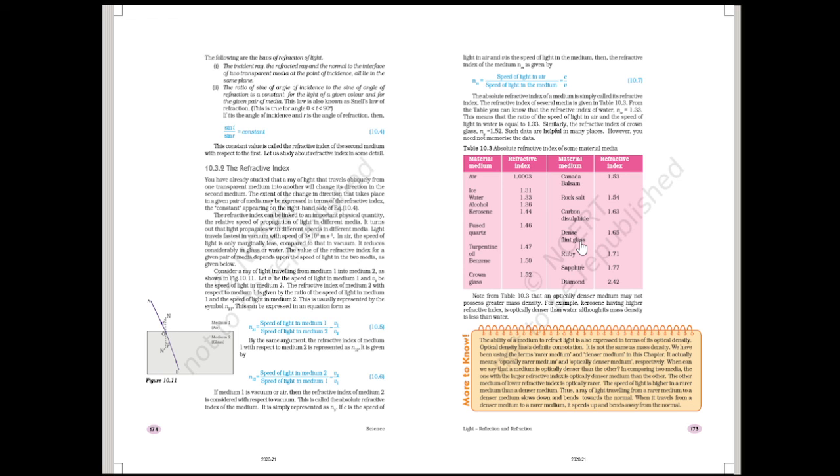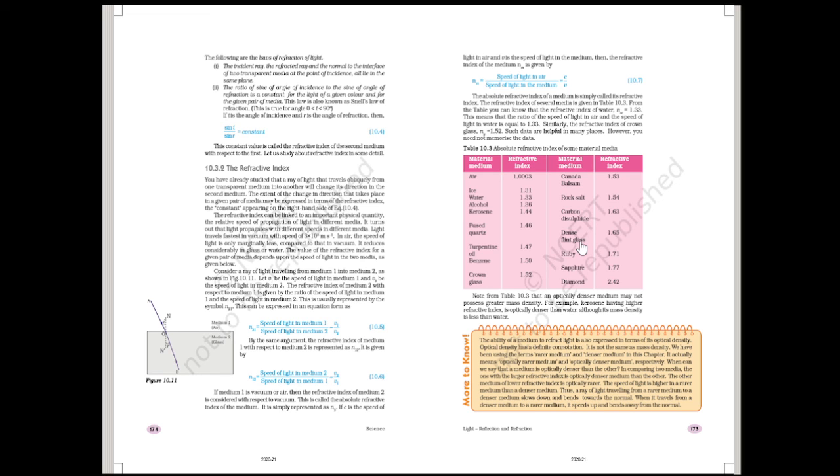Now glass is of two types, crown glass and flint glass. When we have questions where it is not defined whether the glass is crown glass or flint glass, we usually take the value of crown glass only. Okay, so that's to be considered.